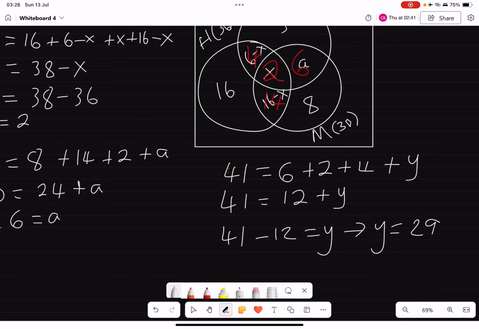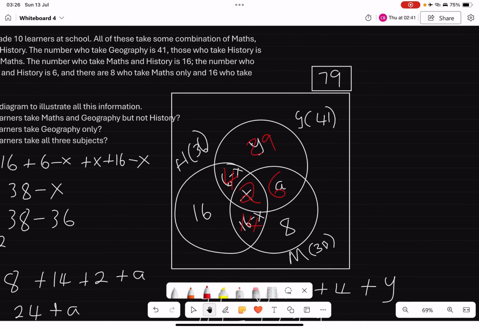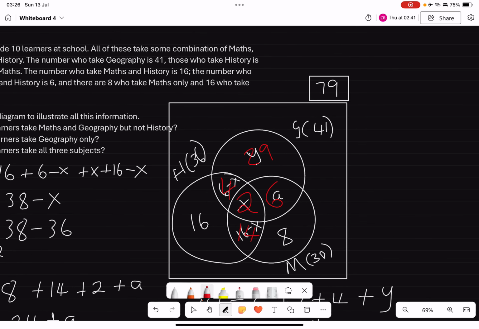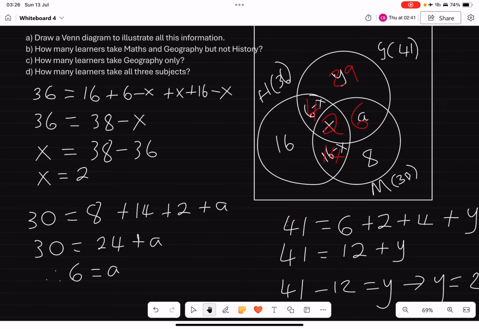Let me just verify: 41 minus 12, that's 29. Perfect. Now I'm going to add all those numbers and see if I get 79. We have 29 plus 6 plus 2 plus 4 plus 16 plus 14 plus 8, and we indeed get 79. So it means we did our Venn diagram properly.